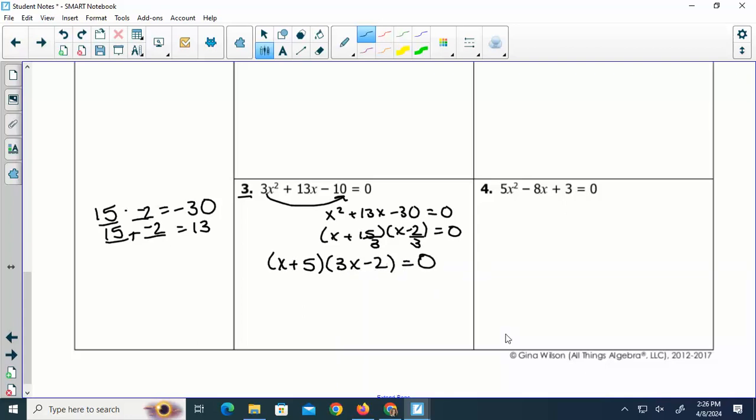So this is our goal. Have it factored and equal to 0. At this point, we just set each parenthesis equal to 0. So we can subtract 5. 0 minus 5 is negative 5.